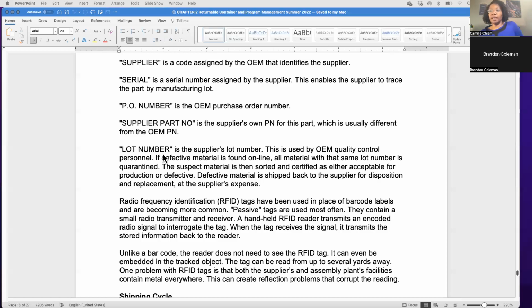They can either send it back, inspect it and inspect out the bad ones, or maybe they have a repair or workaround. But they can make a decision by lot, and they can identify that based on the label on the pack.